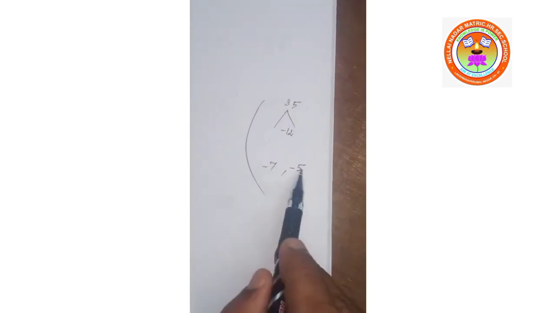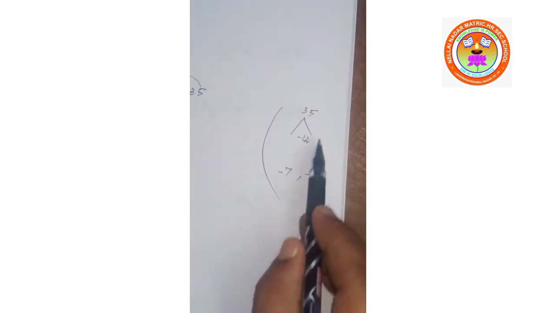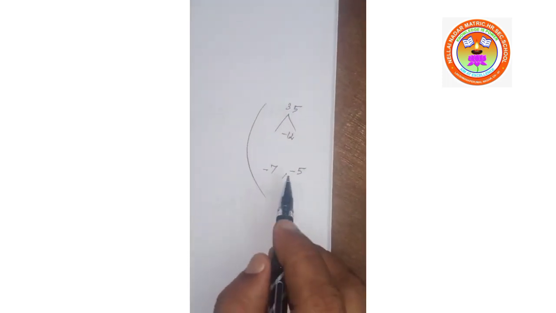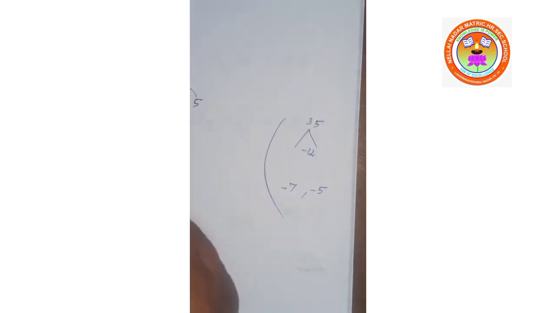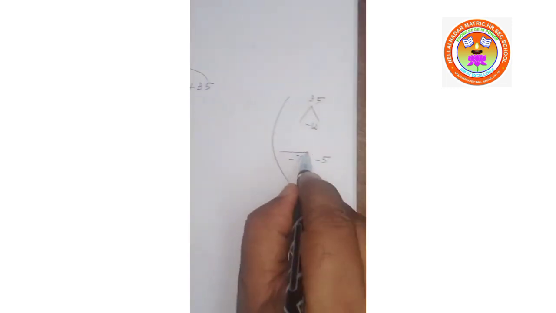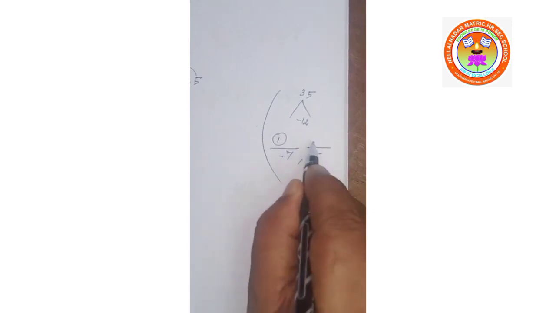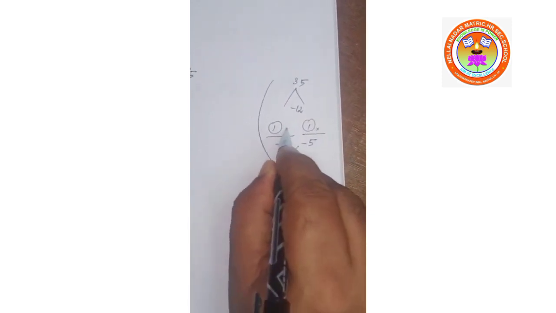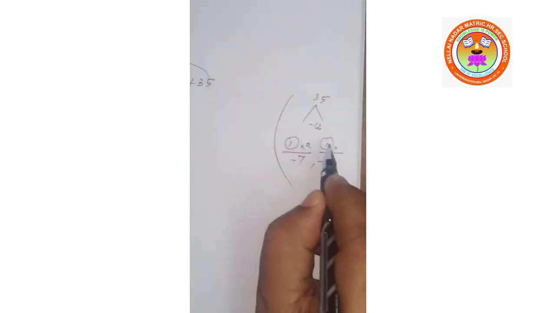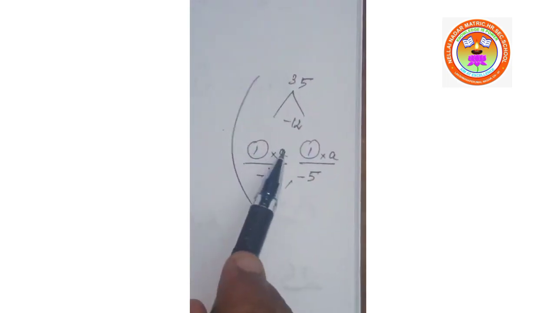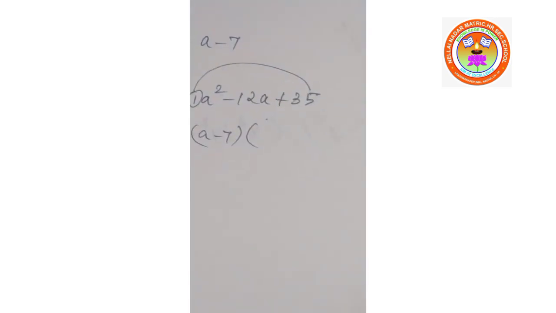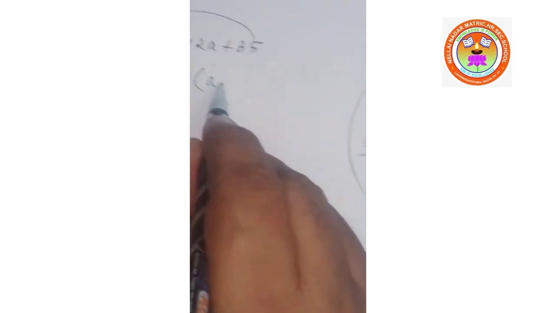If you multiply the two numbers, minus into minus plus, 7 5s are 35. For getting the linear factors, you have to consider the coefficient of a square, which is 1. Write 1 in numerator. Here also 1. Into the variable we have a. So 1 into (a minus 7), 1 into (a minus 5).